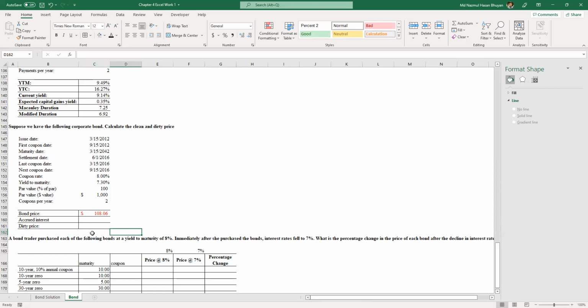So here we want to know the bond price, and we know this bond price. This is actually the bond price as a percentage of par.